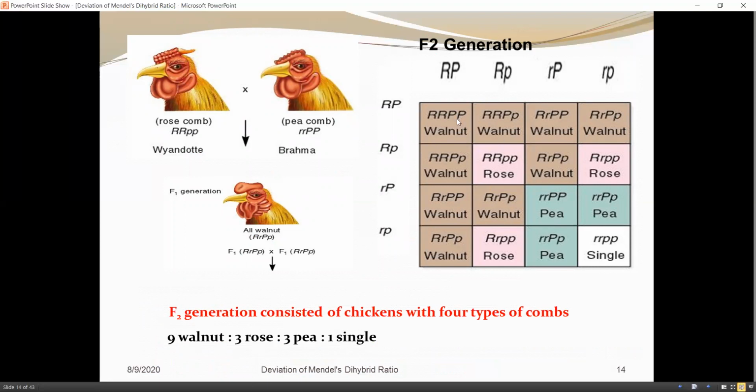You can see wherever there is capital R, capital P, those are walnut. Where there is capital R, small p, those are rose. Where there is small r, capital P is pea, and where there is no capital R, capital P, that is single.